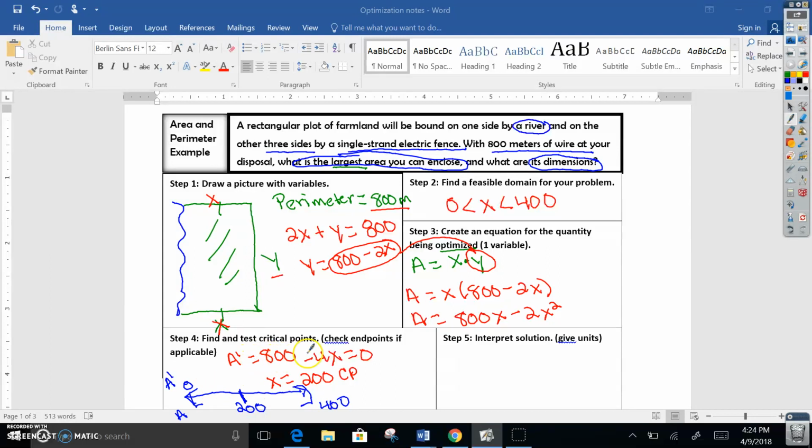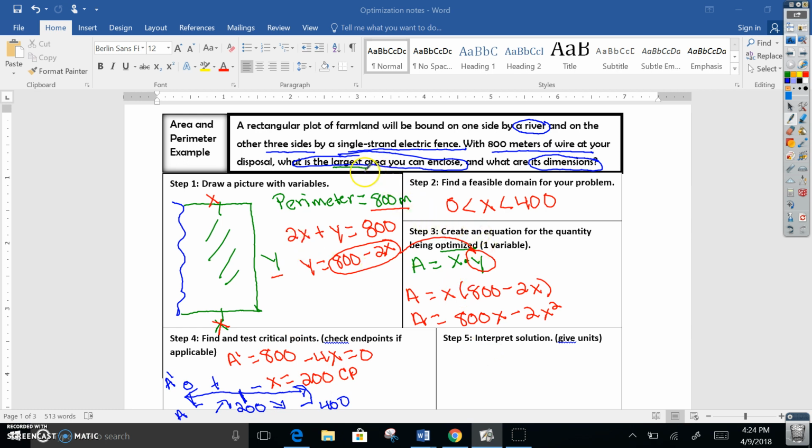I put in 800 minus 4, that's positive, so that means I'm going up. Then I'm going to pick 300. 300 times 4 is 1200, so clearly that's going to be a negative result. So I've proved that this is going to be an absolute max. It goes up and then back down. That tells me that the largest area will happen when x is 200.